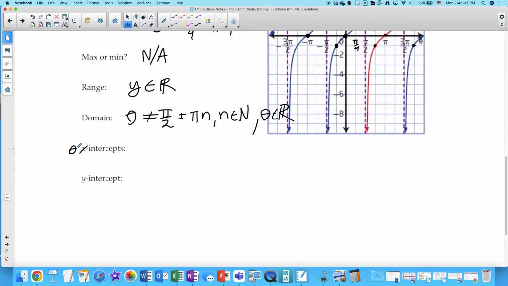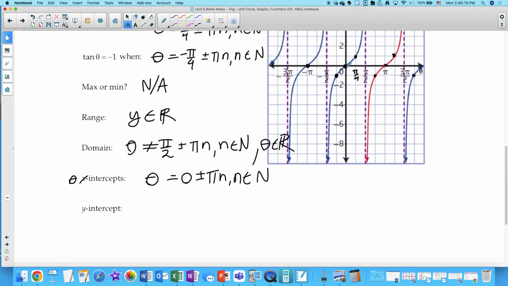N is an element of the natural numbers. And the y-intercept, really only one y-intercept, and that's at 0. Okay. We're almost there.